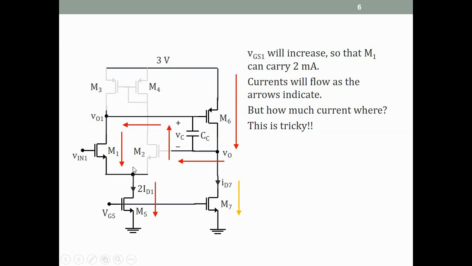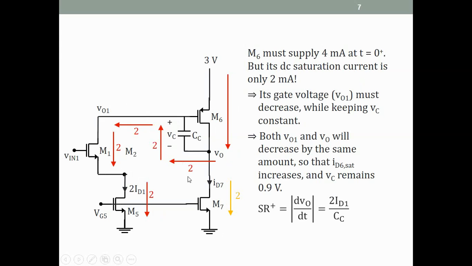Because this is 2, this is 2, this is 2, this is 2, this is 2, but this is 2 and this is 2 also. So how can this be 2, this be 2 and this be 2? Something is not right, right? So you think what must be happening here. It's very fascinating actually. In fact, this is the first time we are encountering it this semester. All right, let us see.